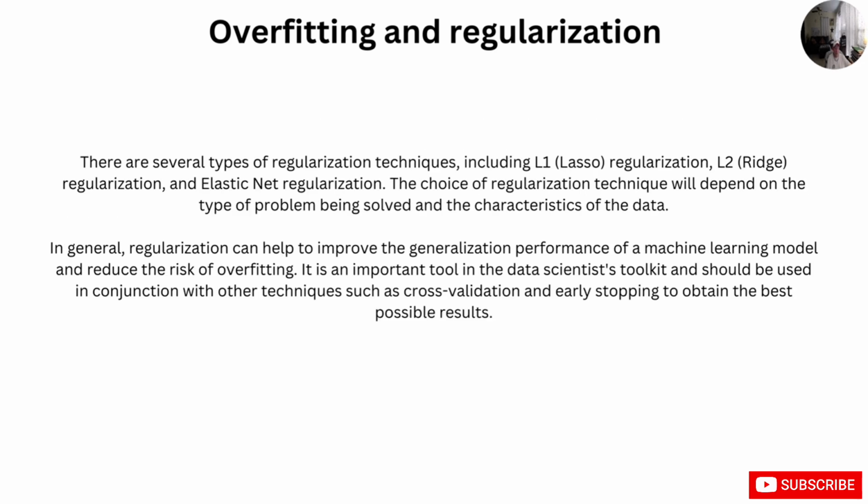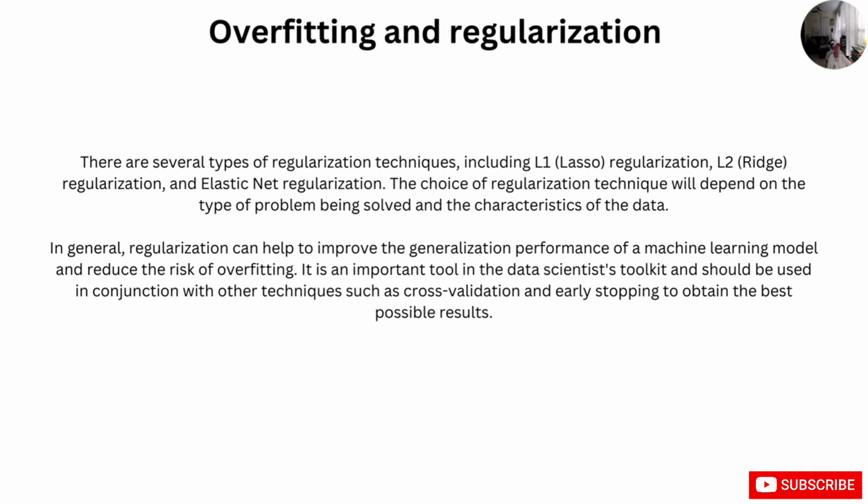There are several types of regularization techniques, including L1 (lasso) regularization, L2 (ridge) regularization, and elastic net regularization. The choice of regularization technique will depend on the type of problem being solved and the characteristics of the data.